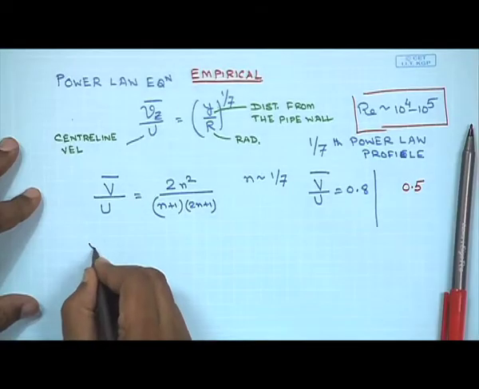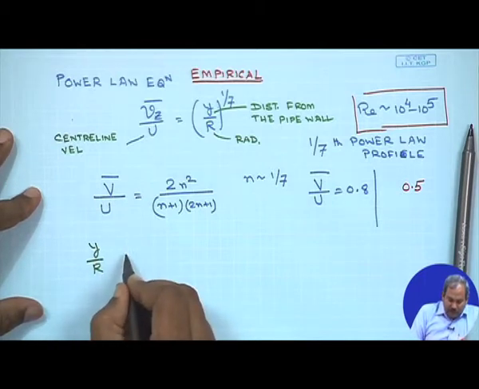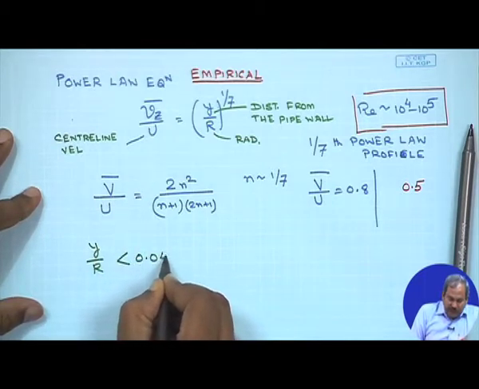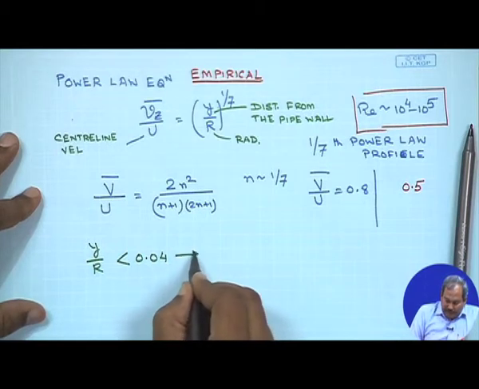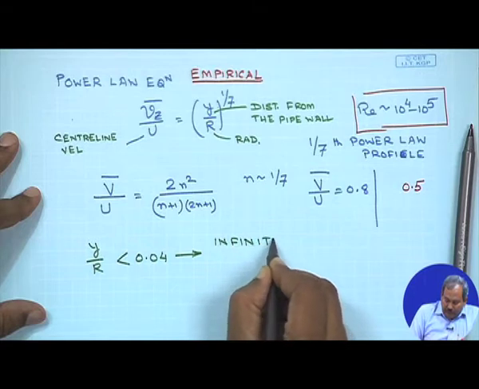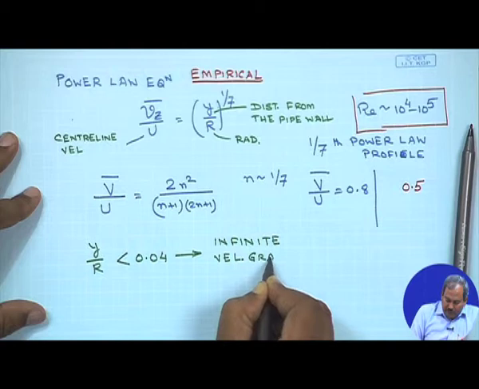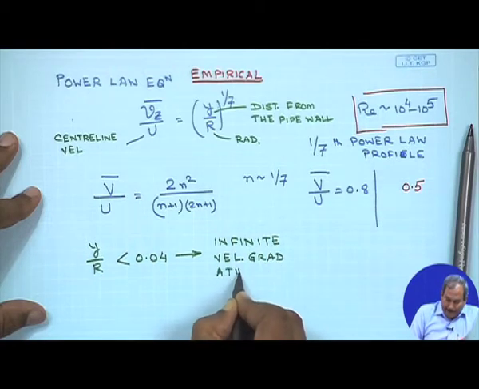In fact, when the value of y by r, that is the distance from the solid wall non-dimensionalized by the radius, is less than 0.04, it gives, you can work it out, an infinite velocity gradient at the wall.